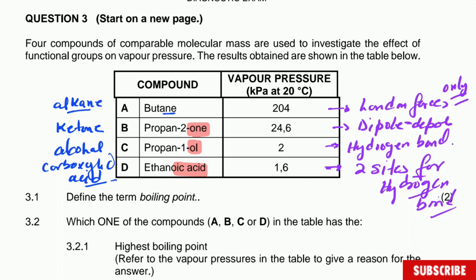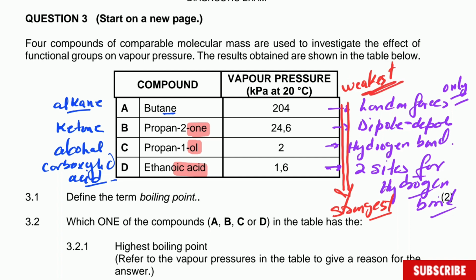Guys, you can see there that the intermolecular force is going to be stronger as you move down in these specific trends they gave you there. So here is strongest and here is weakest.